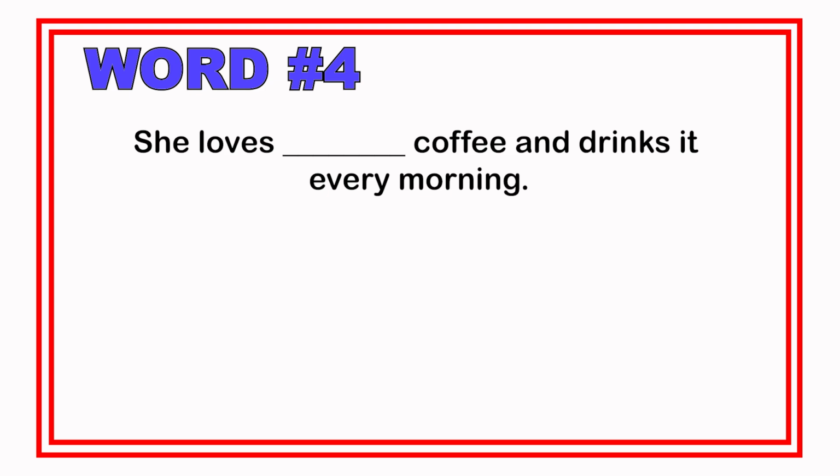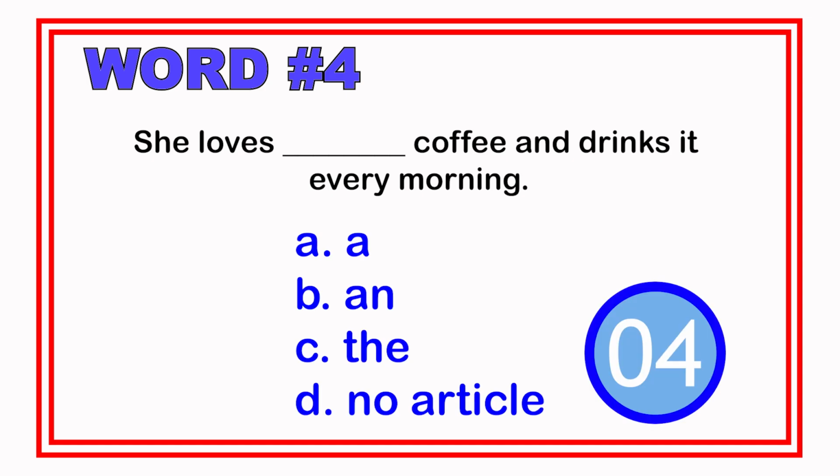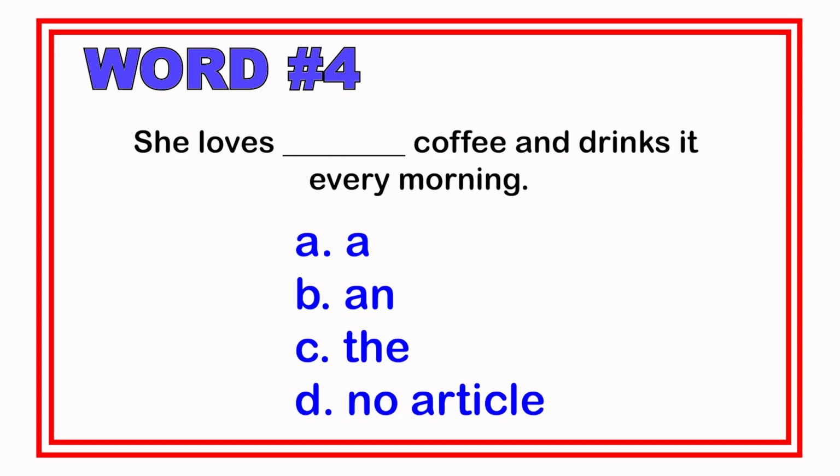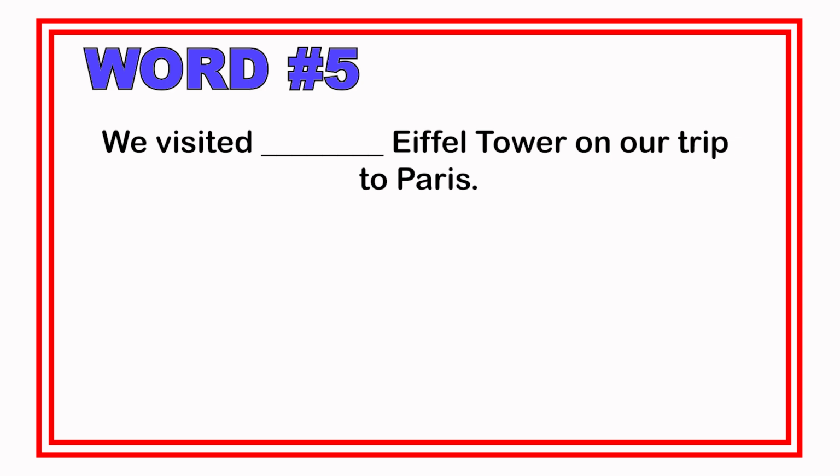Number 4, she loves something, coffee, and drinks it every morning. She loves coffee and drinks it every morning. Number 5, we visited something, Eiffel Tower, on our trip to Paris.